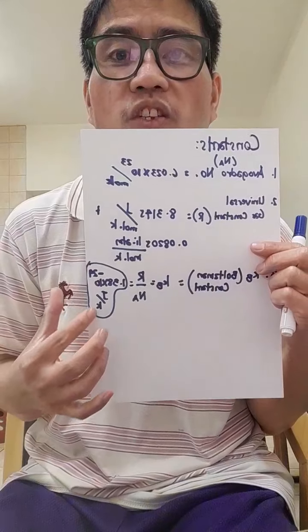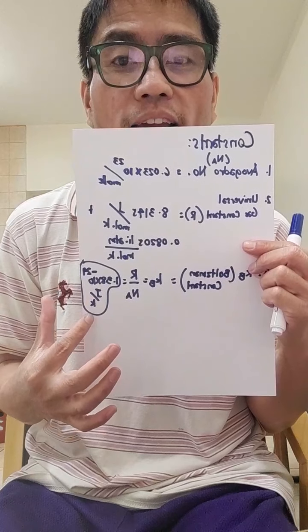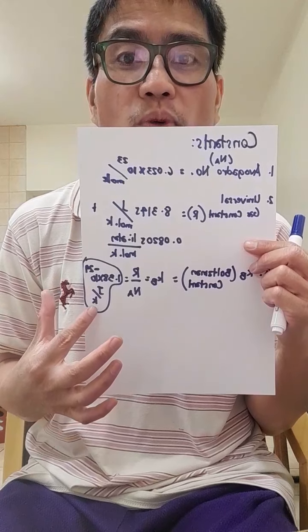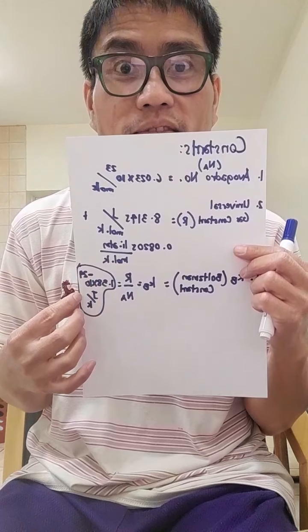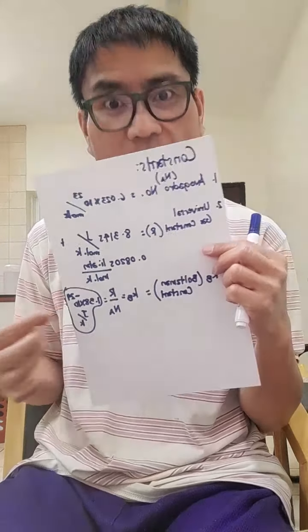Heat is an energy expressed in joules, and over the temperature expressed in Kelvin. So this constant is from Ludwig Boltzmann, the discovery of entropy in a microstate.